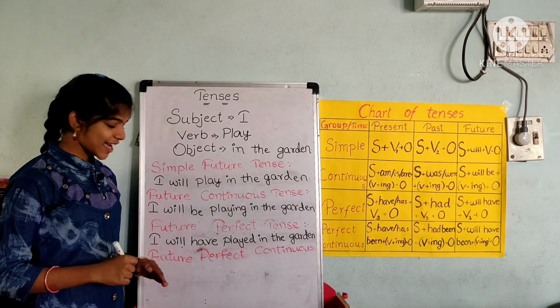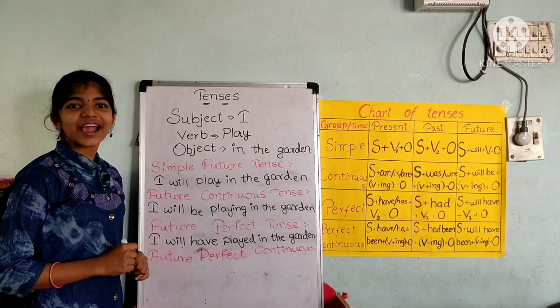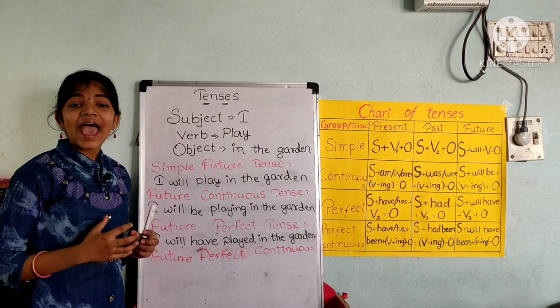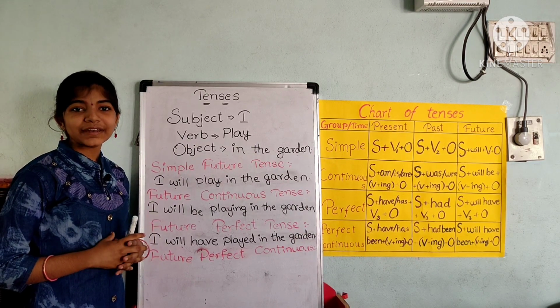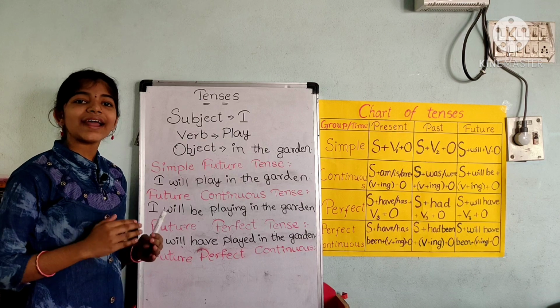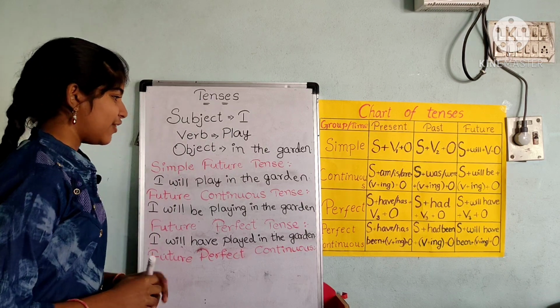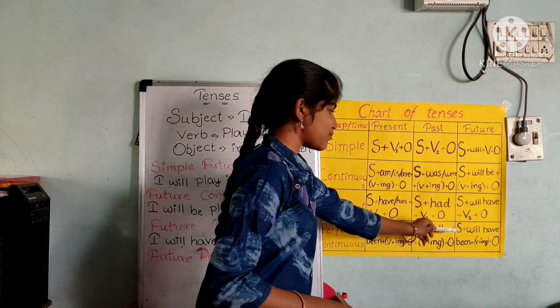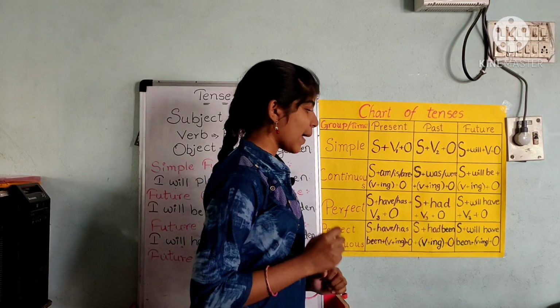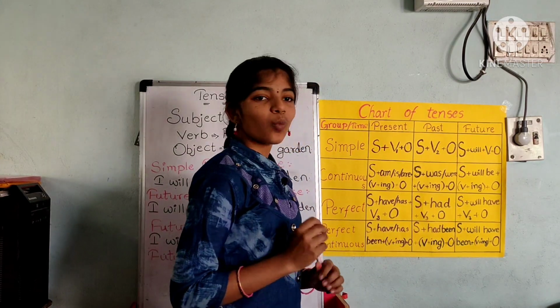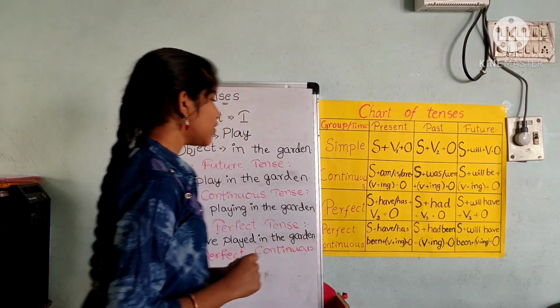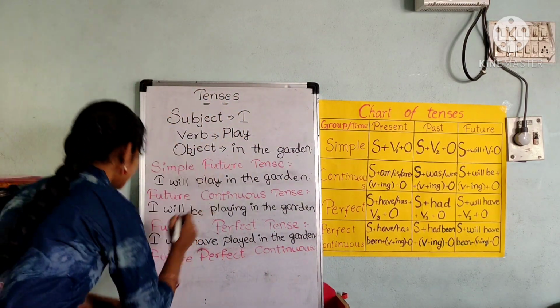And the last one, future perfect continuous tense, which means an action that will happen over time before another future action. And formula for this is subject plus will have plus been plus verb plus ing form and object. Let's write the sentence.